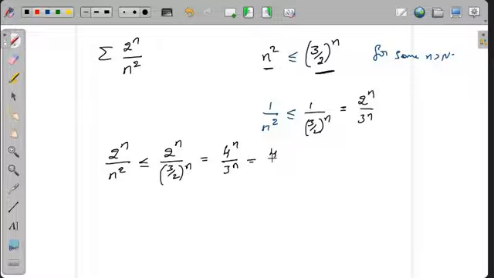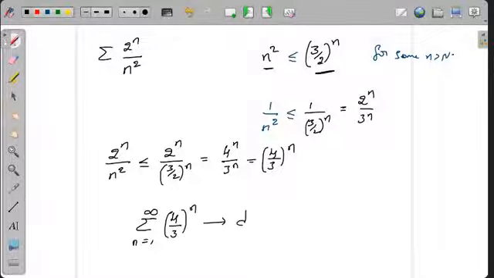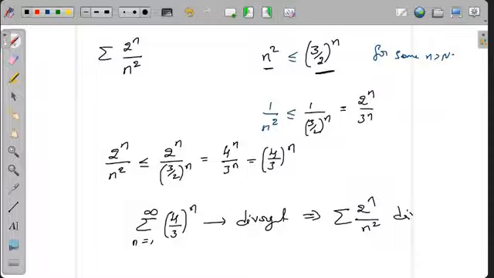That is 4/3 whole power n. So summation n equals 1 to infinite of it gives 4/3 whole power n, and this becomes divergent. So this implies that summation 2 power n by n square is also divergent.